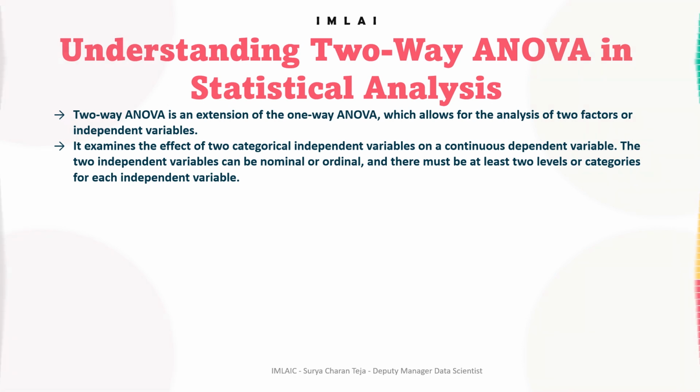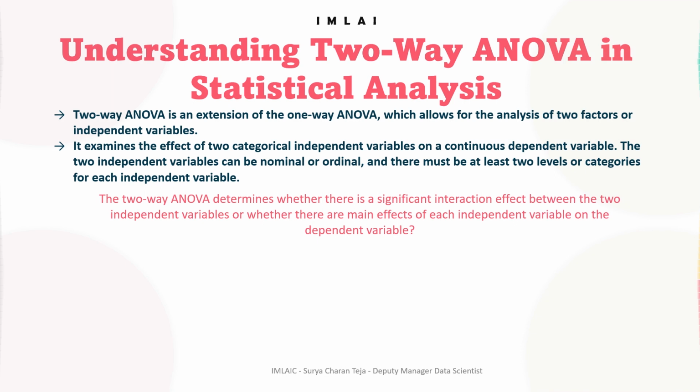The two-way ANOVA determines whether there is a significant interaction effect between the two independent variables, or whether there are main effects of each independent variable.